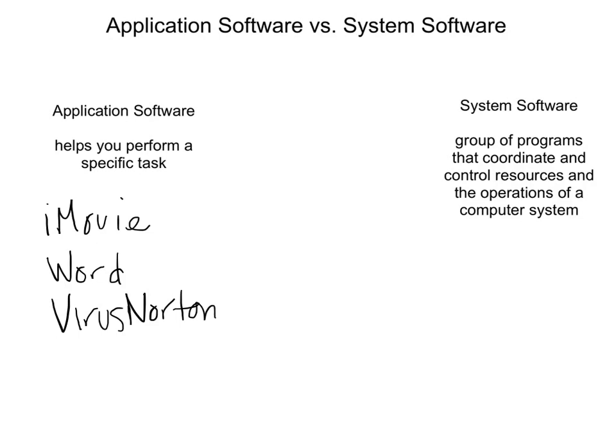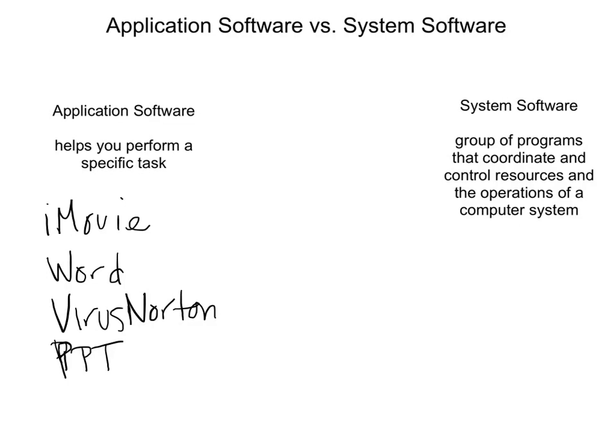You got PowerPoint? All right, so you get the idea. They're things that we purchase because we want to perform a specific task. We purchase iMovie because we want to make movies. We purchase Word because we want to write papers or write articles. We purchase Norton because we don't want viruses on our machines. PowerPoint because we want to make presentations.